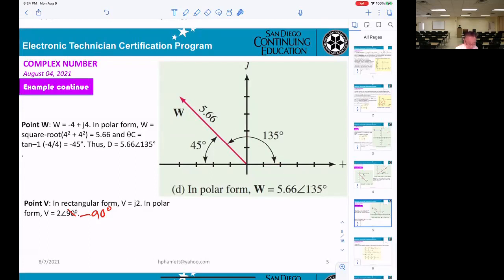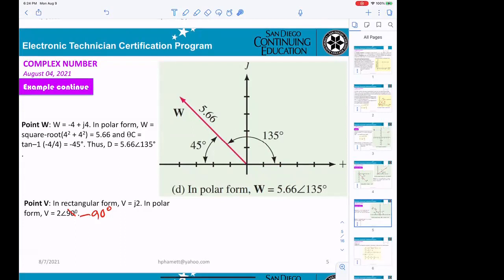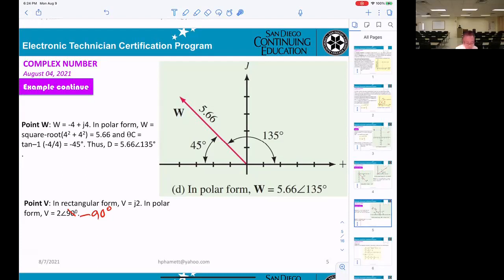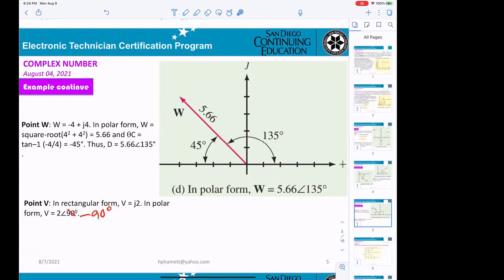However, on the other side, it will be 90. What I'm asking is, if you said 5.66 at minus 45 degrees, would that be wrong? No, there could be a misunderstanding with minus 45 here. This is minus 90. This is minus 45. So it's better just to say 135.